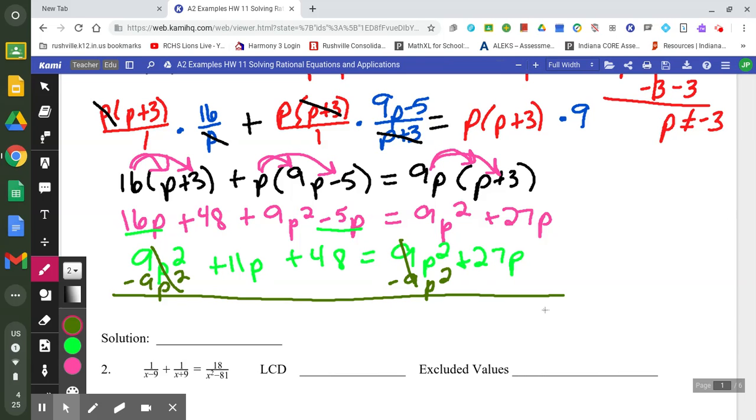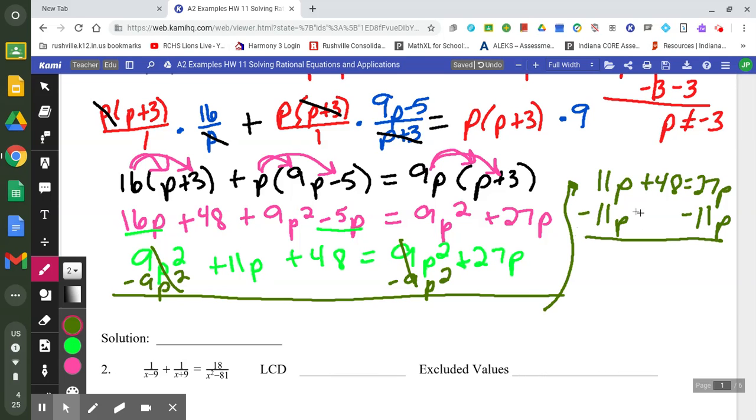And so I'm going to write that answer right here. So I've got 11p plus 48 equals 27p. And then I need the letters to be on the same side of the equal sign. So I'm going to subtract 11p on both sides.